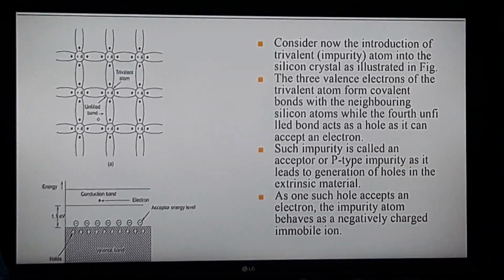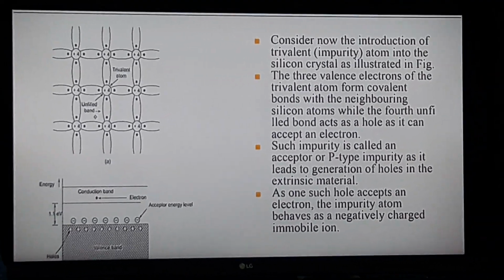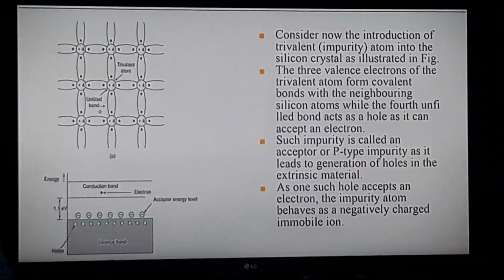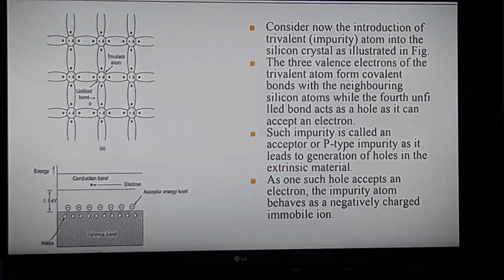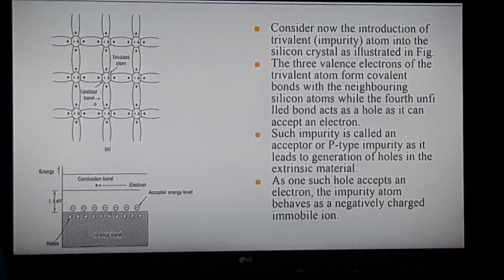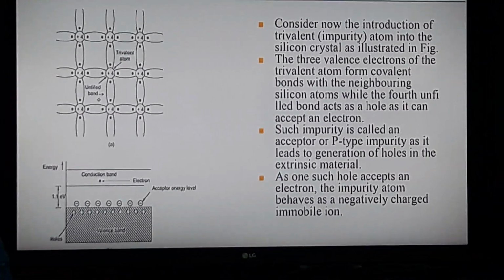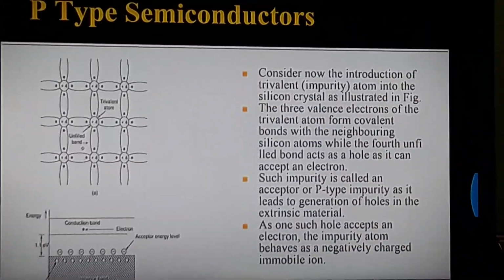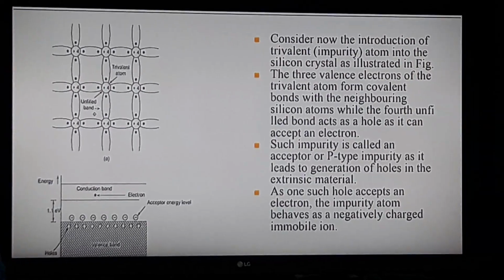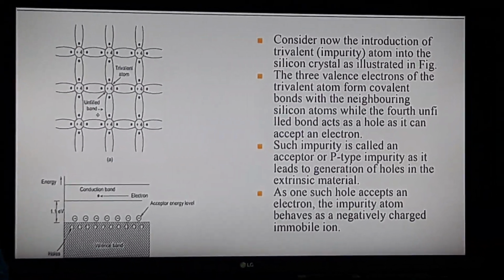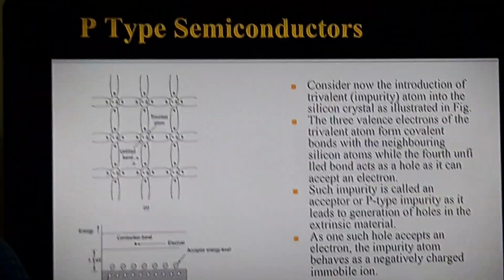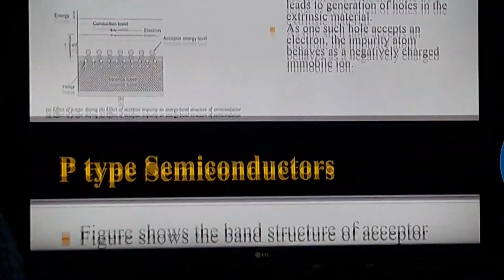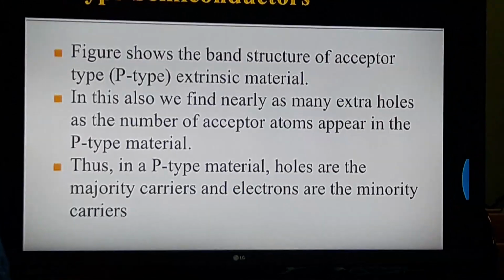Such an impurity is called an acceptor or p-type impurity, as it leads to generation of holes in the extrinsic material. The figure shows the band structure of acceptor type or extrinsic material. We find nearly as many extra holes as the number of acceptor atoms in the p-type material. Thus, in a p-type material, holes are the majority carriers and electrons are the minority carriers.